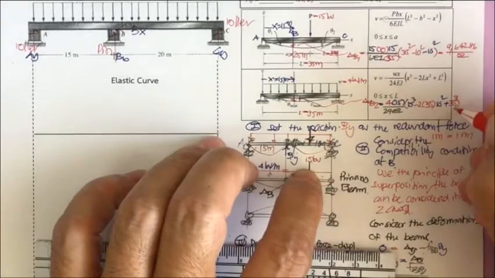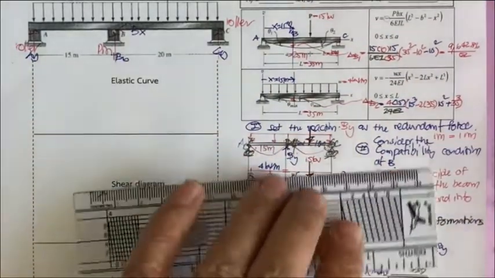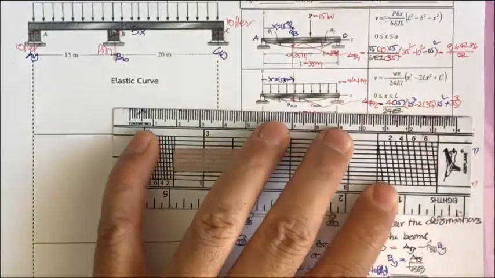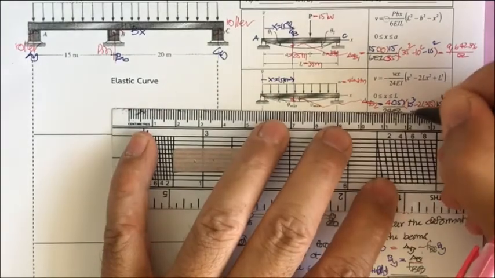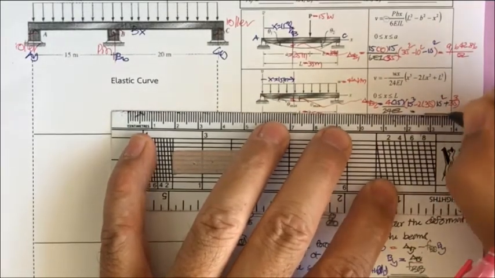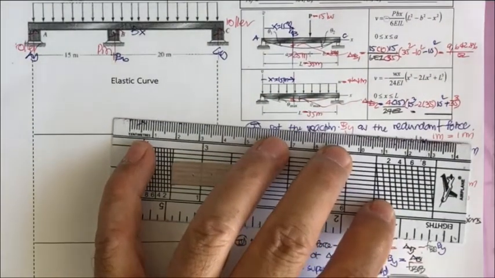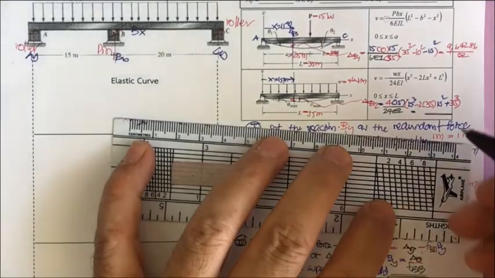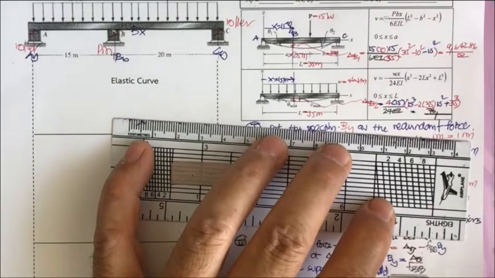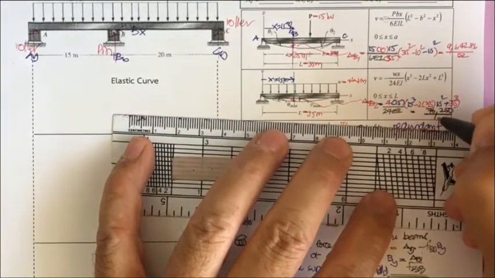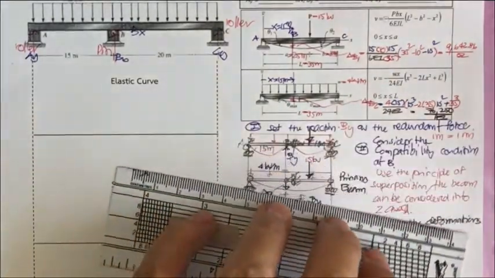And then you get this. Okay, and put everything in your calculator. You will get the result of this deflection of 46,250 divided by EI.